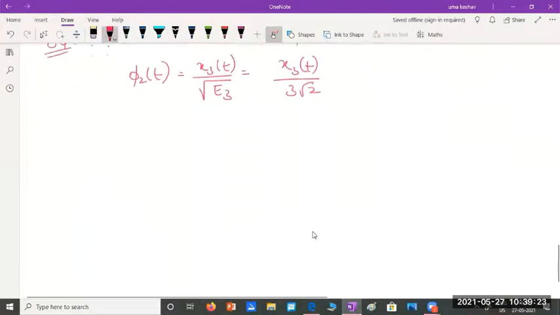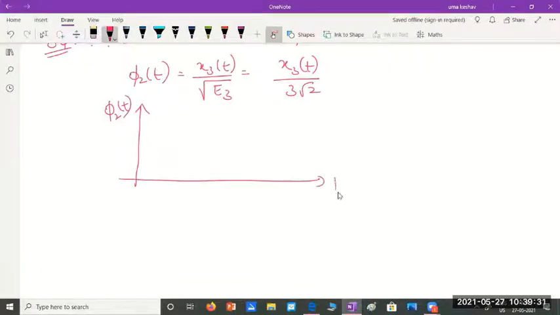Again, let's draw that signal. I want to draw the signal phi 2. Remember, this will exist in the interval 2 to 4 because x3 exists in the interval 2 to 4, and the value of this signal would be 3 by 3 root 2.